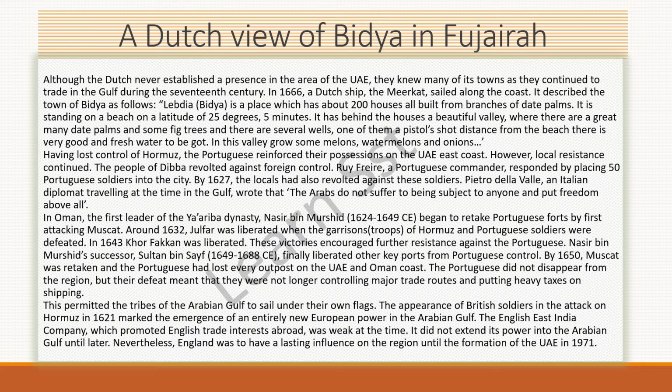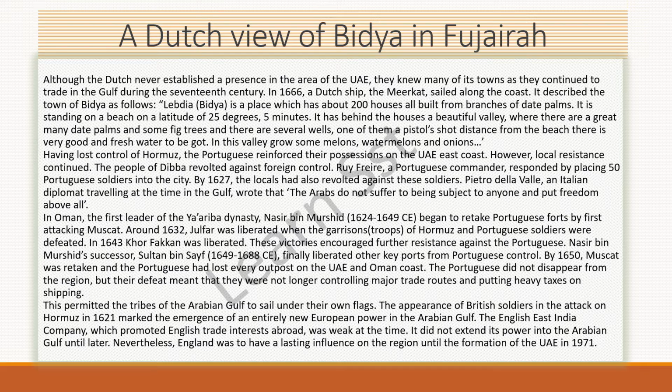The appearance of the British soldiers in the attack on Hormuz in 1621 marked the beginning, a new beginning, of an entirely new European power. And that European power was Britain in the Arabian Gulf. The East India Company, which promoted English trade interest abroad, was weak at that time.